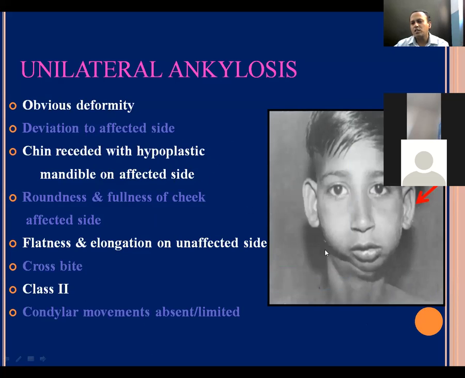So the chin gets deviated towards the affected side. Open bite, the cross bite is seen here. So this is called roundness of face, and this is called flatness of face.